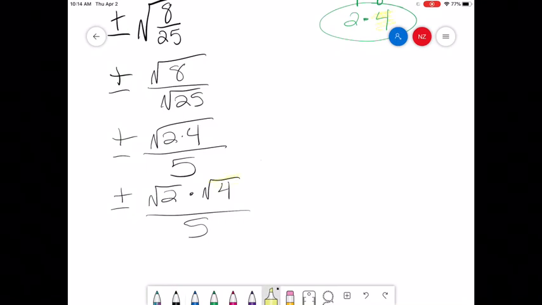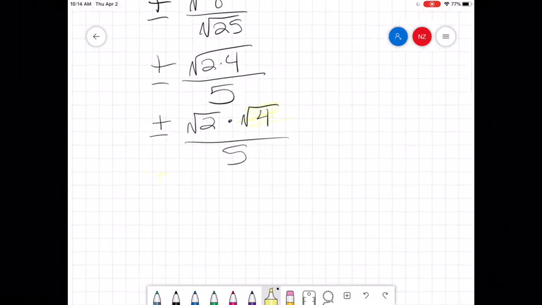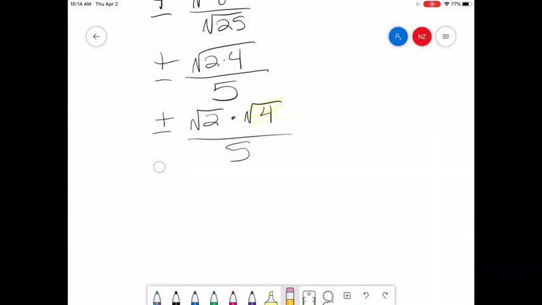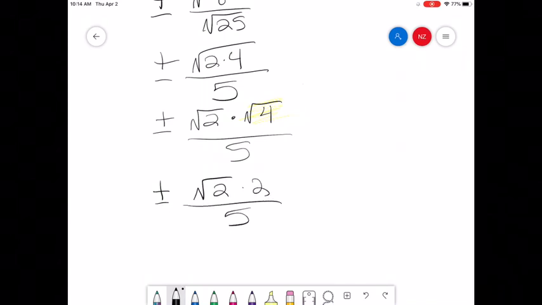This can be simplified as 2. I'm going to bring it to the front because it looks more natural that way. So if I write something like plus minus square root 2 times 2 over 5, that's not as natural. Your HMH may take it as an answer, but the best thing to do here would be to rewrite it with that 2 in front.